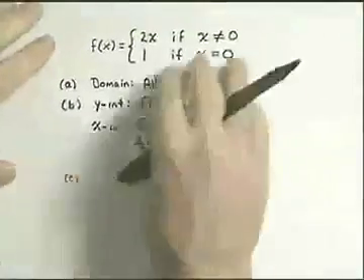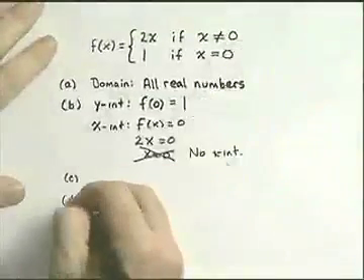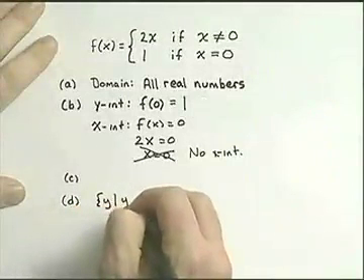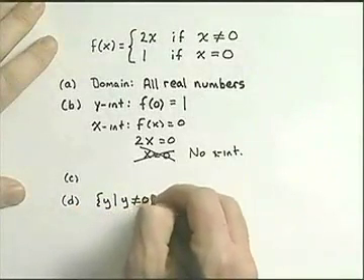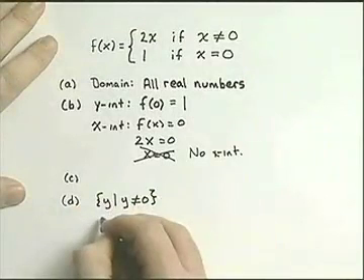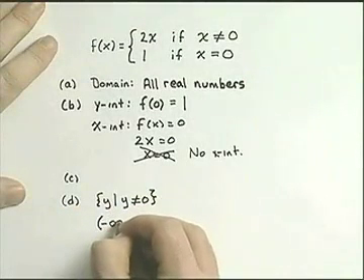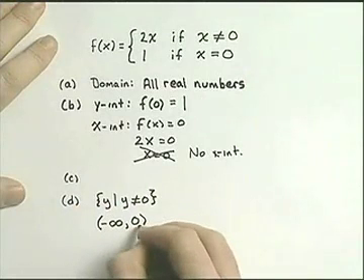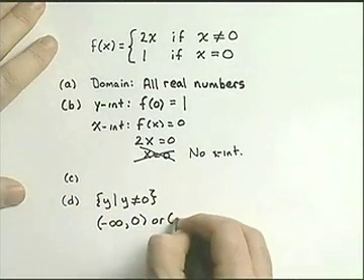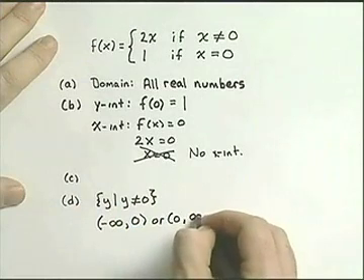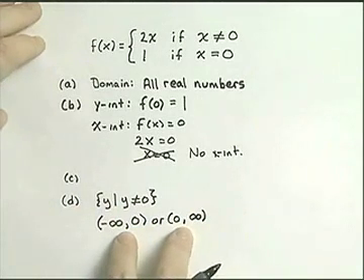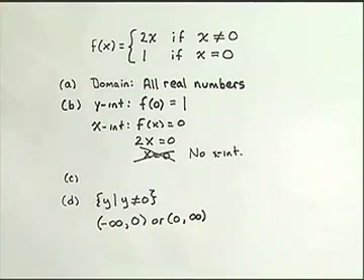For that reason, the range of this function is the set of all y such that y does not equal 0. Or if you like, using interval notation, we use the interval from negative infinity to 0 or 0 to infinity, meant to indicate that the range is the set of all real numbers with the exception of 0.